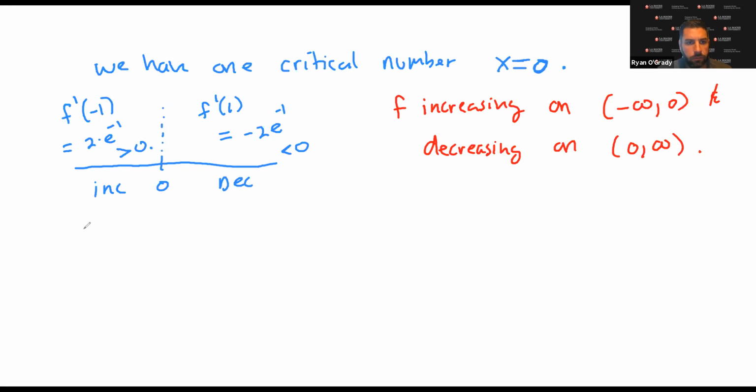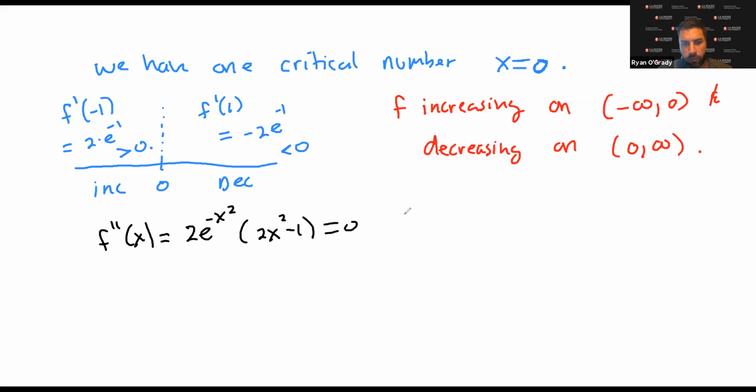Okay, so what about the second derivative? The second derivative, which I will remind you, is 2e to the -x squared times 2x squared minus 1.